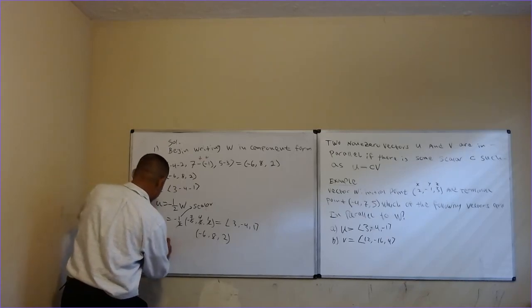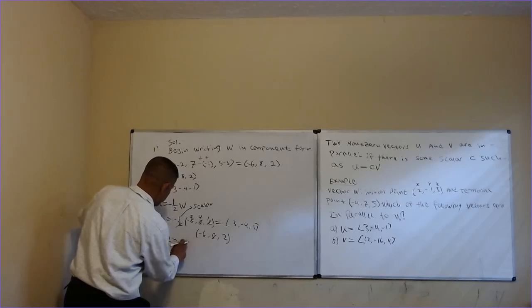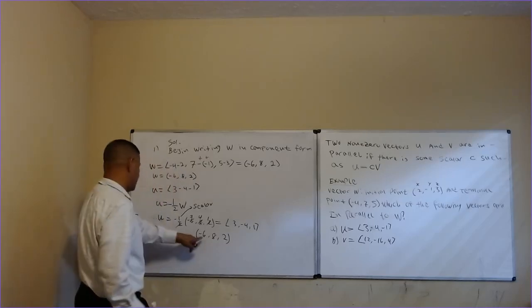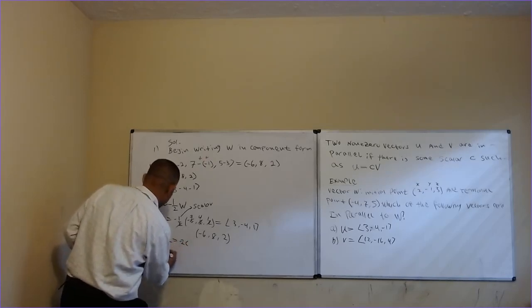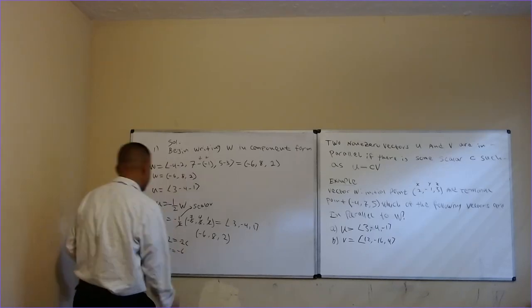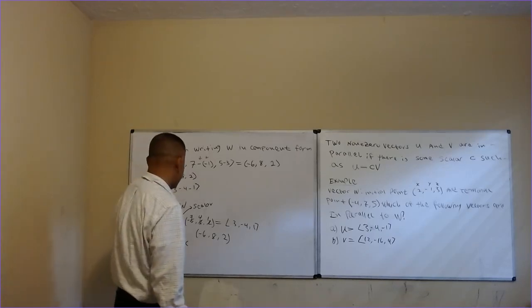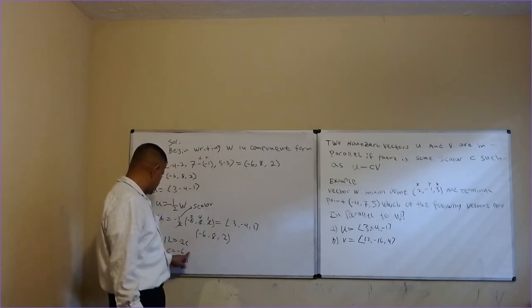So I said 12 is equal to 2C. But then to get to C right here, this had to be negative, right? So then C is going to equal negative 6, right? Now, here is going to be what?